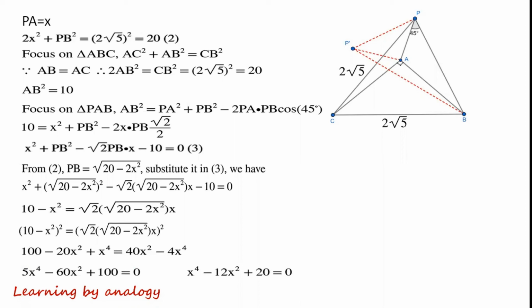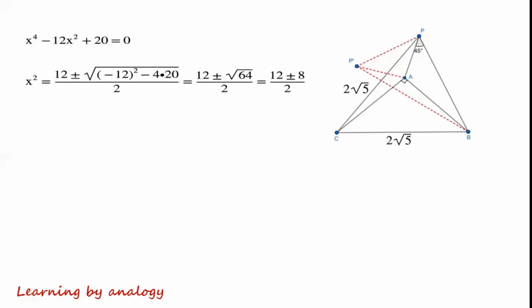Simplifying, we have x to the power of 4 minus 12x squared plus 20 equals 0. x squared equals 12 plus or minus root of (12 squared minus 4 times 20) over 2, which is equal to 12 plus or minus root 64 over 2, which is equal to 12 plus or minus 8 over 2.